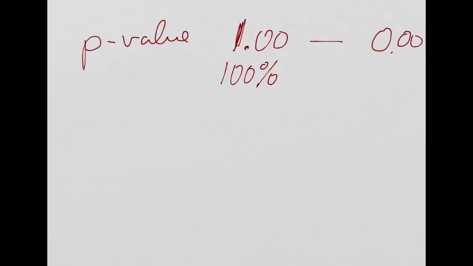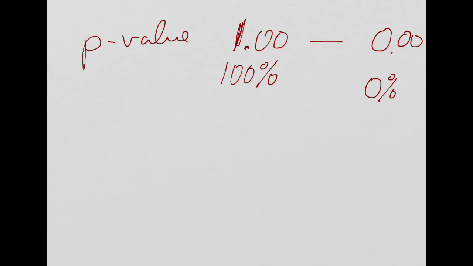We are 0% sure that they are the same. Well, if we are 0% sure that they are the same, it means we are pretty convinced that they are not the same. Yeah? That makes sense? So this is where the p-value can be between 1 and 0, or 0 and 1. From 0, not at all the same, to 100% the same.